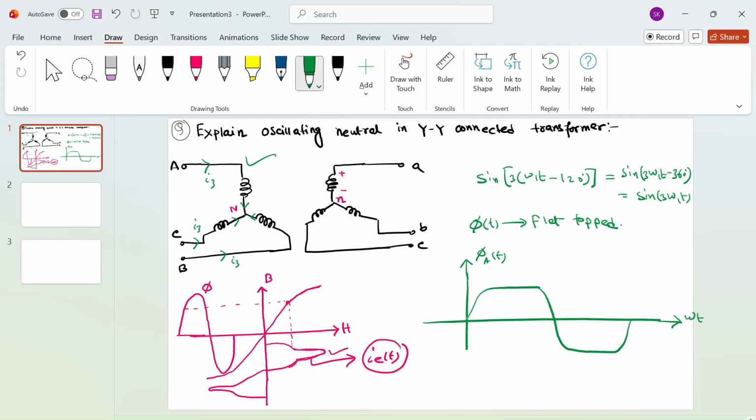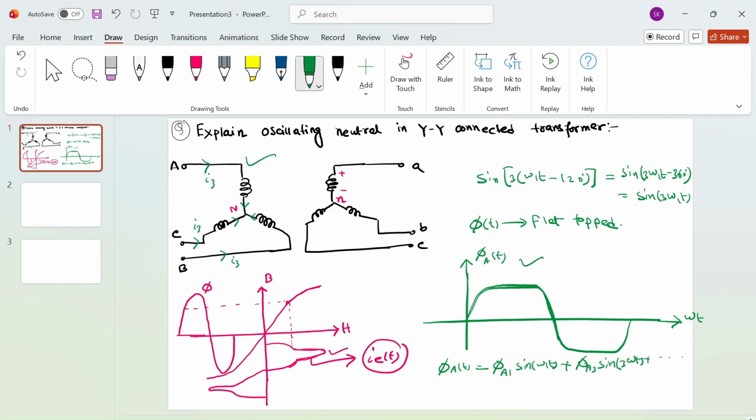This flux contains a fundamental quantity of flux, third harmonic flux, fifth harmonic flux, seventh harmonic flux. Odd harmonic quantities will be present, and because of the harmonics present in the flux, my induced voltage will also contain those harmonic quantities, because you can split this phi of t as phi a1 sine omega 1 t plus phi a3 sine 3 omega t, like that.